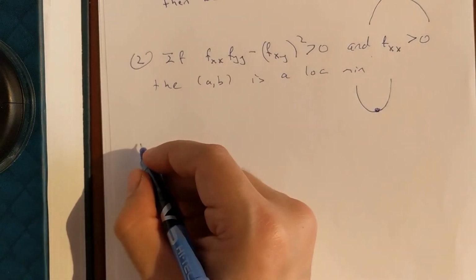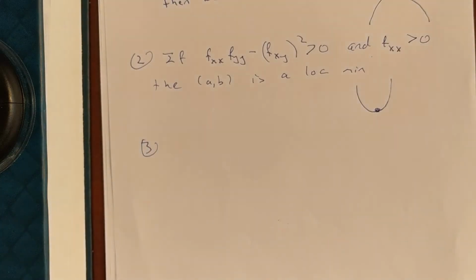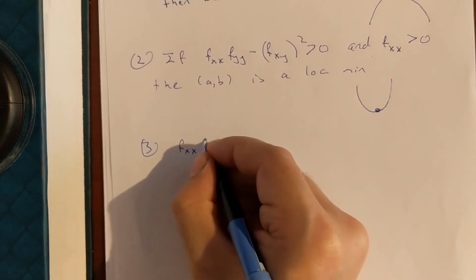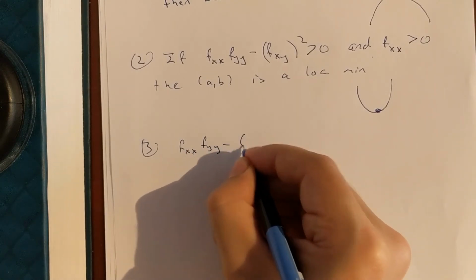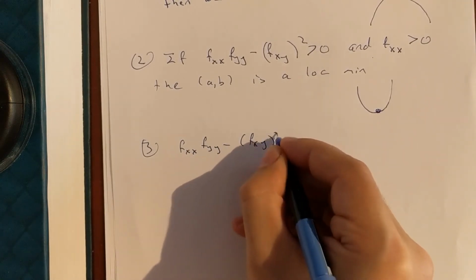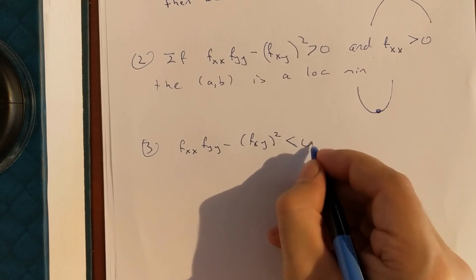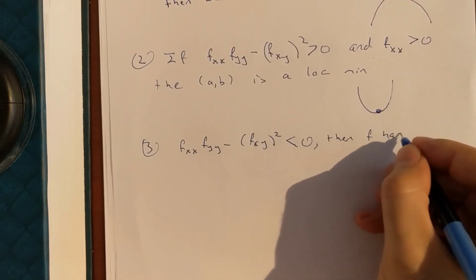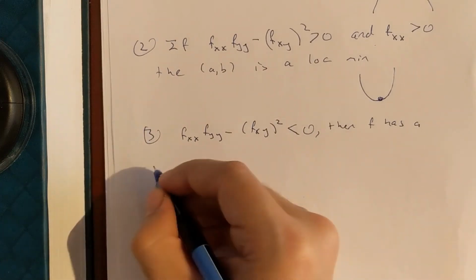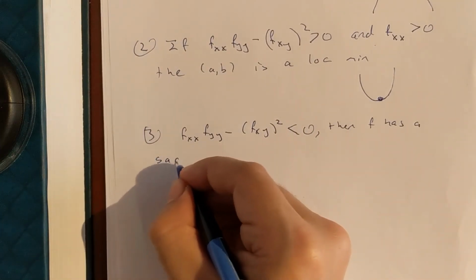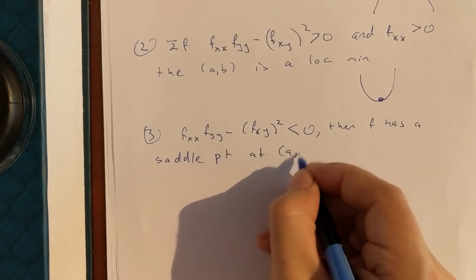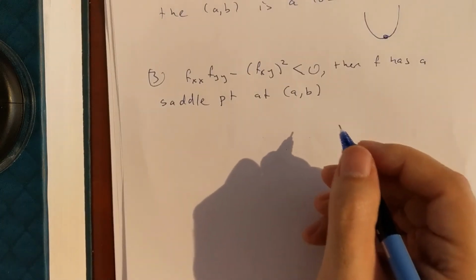Now, on the other hand, if we have fxx times fyy minus this term fxy squared, and I'm going to talk about where that comes from, if this is less than 0, then f has a saddle point. So they're heading in different directions. Saddle point at (a, b).